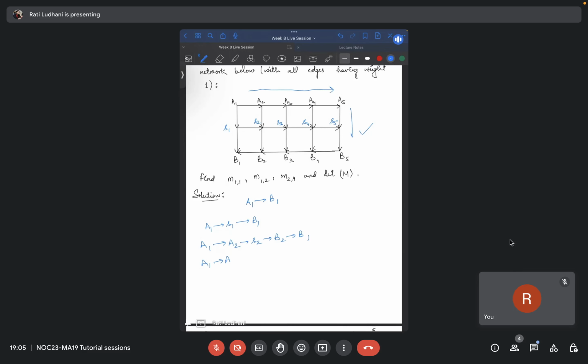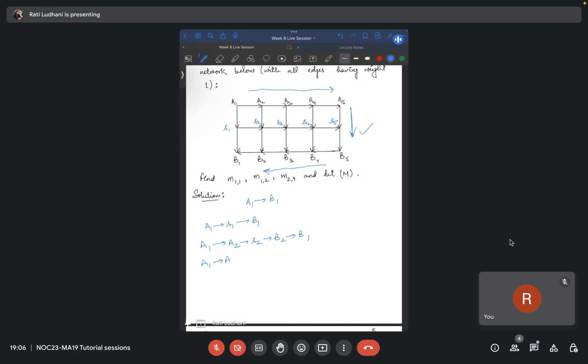These are all positive, so positive means weight 1 is there, otherwise it is just 0. You can go right and then down, and then you can go to the left. These are the main directions you have with positive weight.